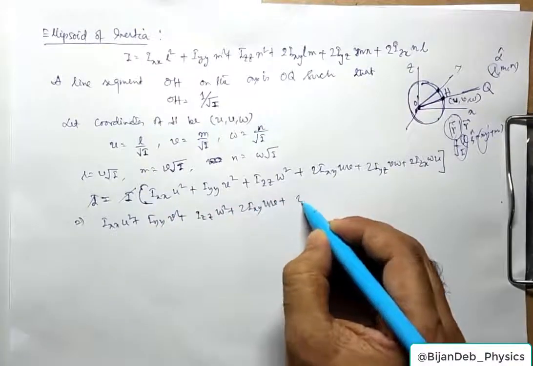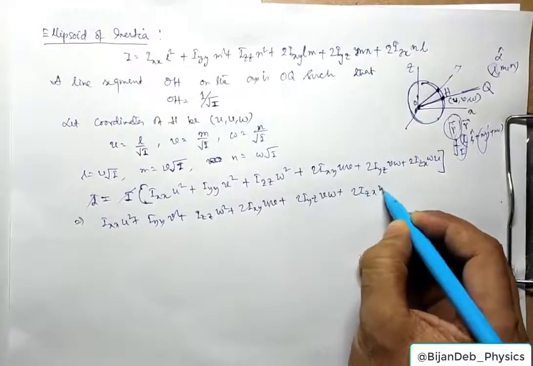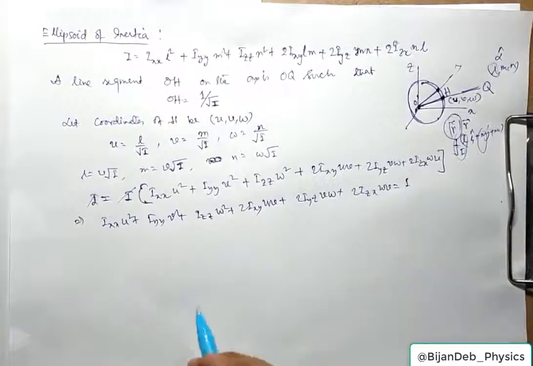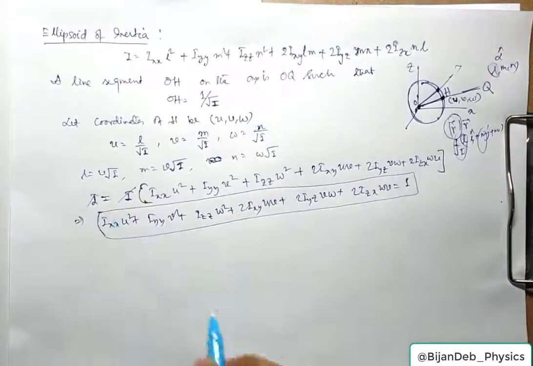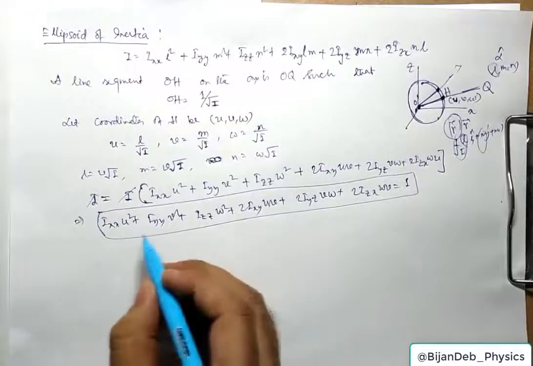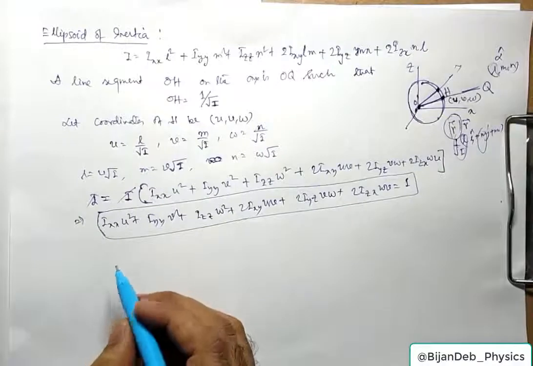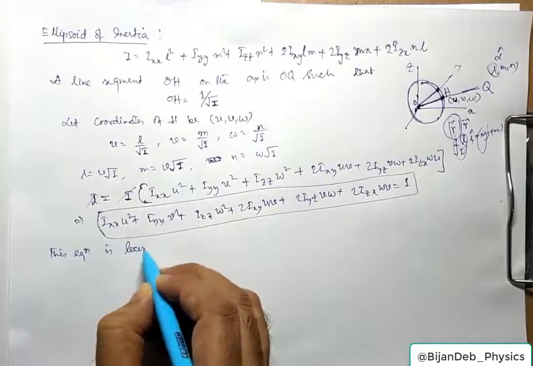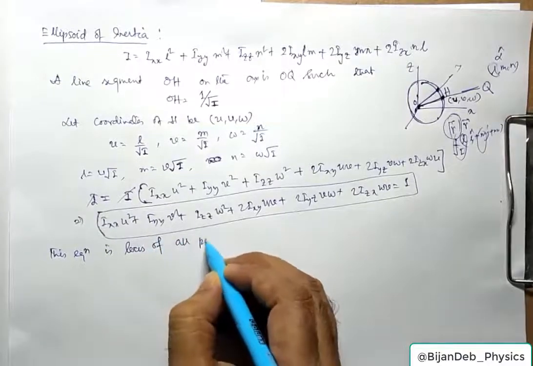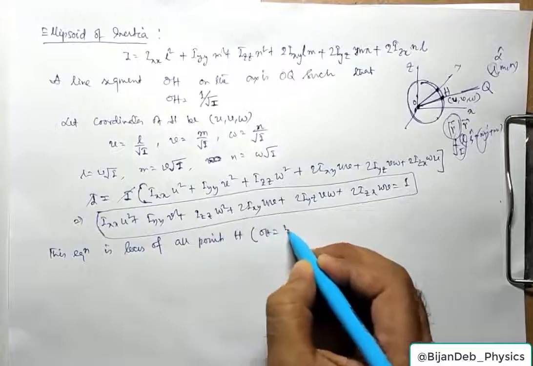This is the expression. This is equal to 1. This you should remember. So what is this? This equation is the locus of all points H, where OH equals 1 by root I. Why?